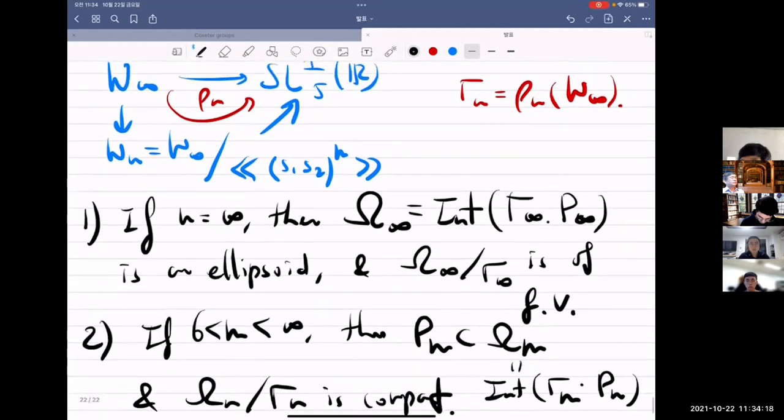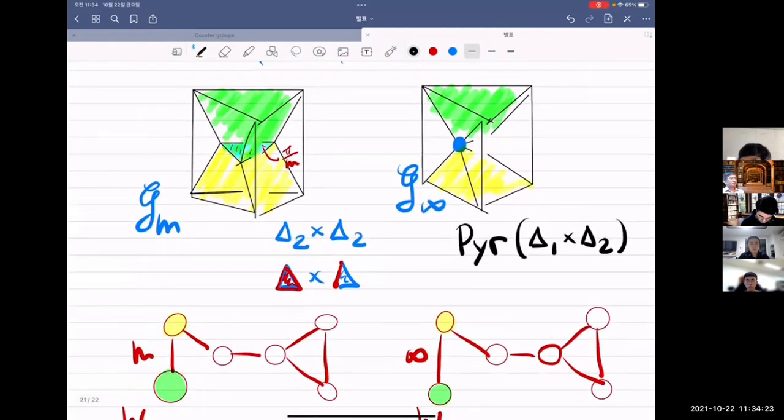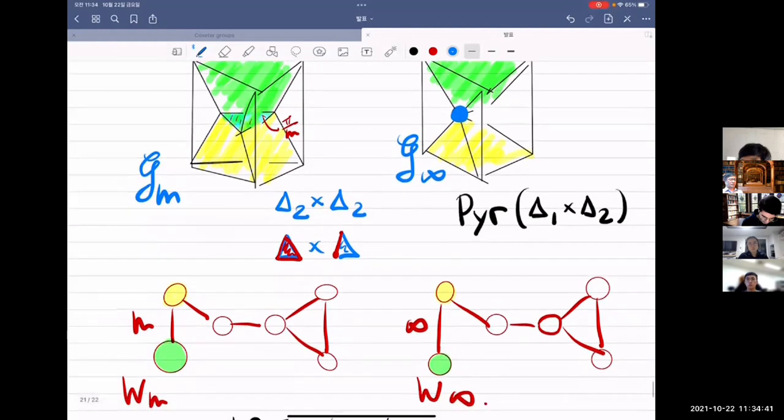If you look at these pictures, at the beginning this blue vertex is an ideal vertex in this hyperbolic space, and this is a hyperbolic polytope. On the left-hand side, this is a 3-3-3 triangle group, right?